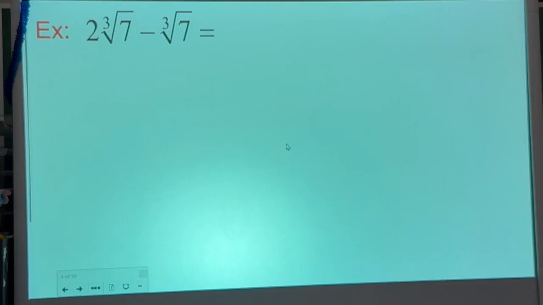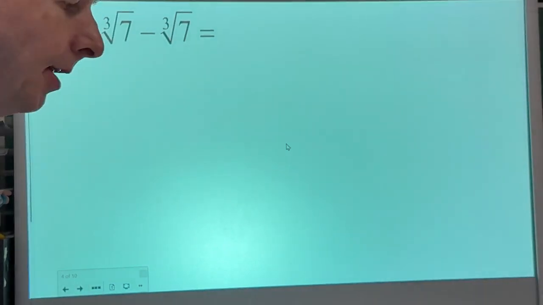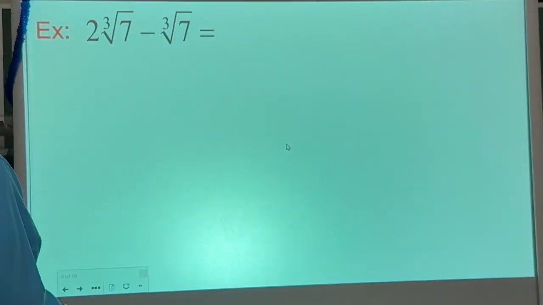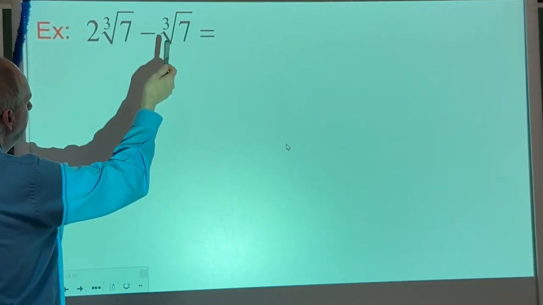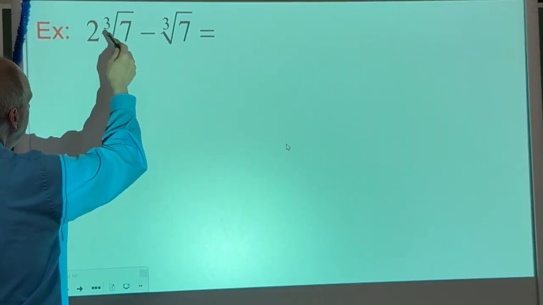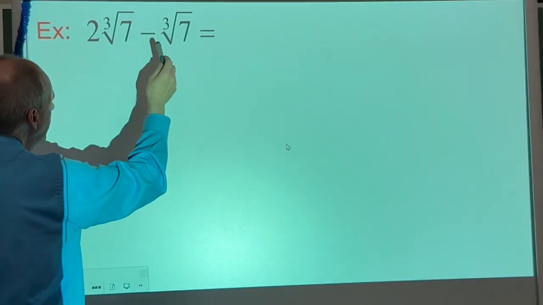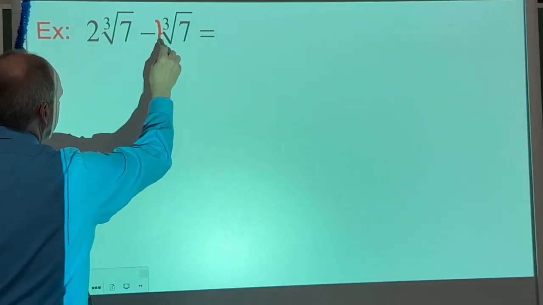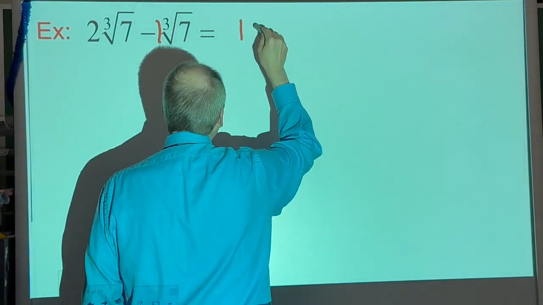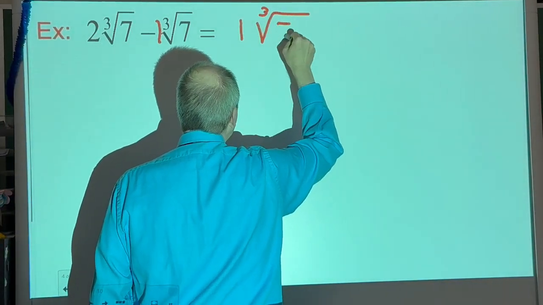As long as the type of radical is the same, you can combine like radicals. A like radical would be when it's both a square root, or in our case, both a cube root. 2 cube root of 7 minus 1 cube root of 7 would give us 1 cube root of 7.